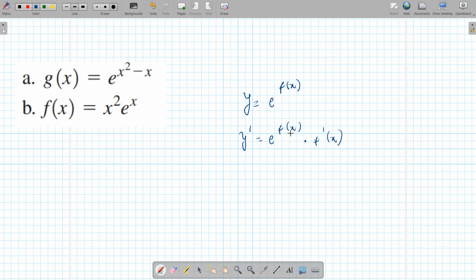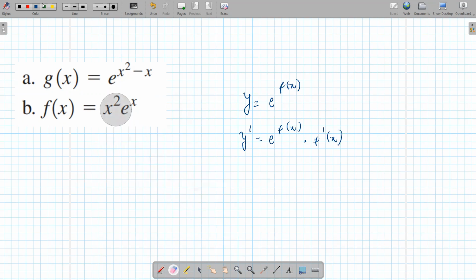You need to take the derivative of this exponent. So if g of x is e to the x squared minus x, what's the derivative? The exact same thing is going to drop as it is, times 2x, close, 2x minus 1. This is called the chain rule component, chain rule.